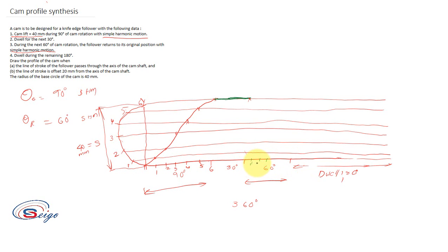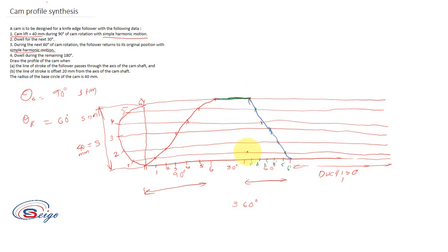So 1 dash, 2 dash, 3 dash, 4 dash, 5 dash and 6 dash. And this 1 dash will be coinciding with the 5, 2 dash over here, 3 dash over here, 4 dash over here, 5 here and 6 over here. Now you can join these points with a smooth curve.